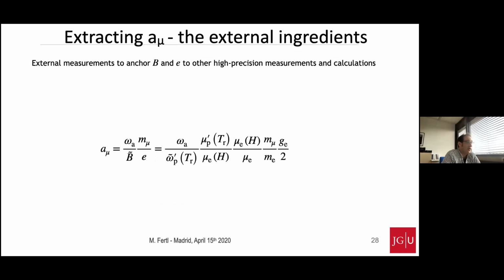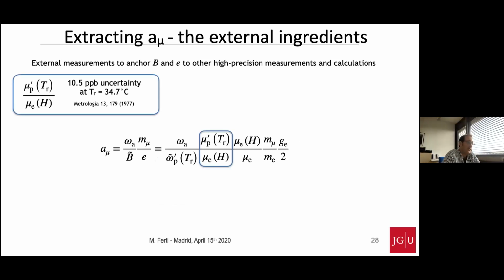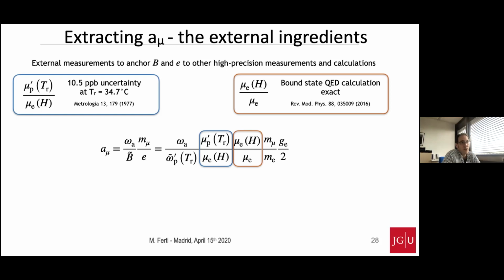The first one is the ratio of the proton magnetic moment in a shielded sample of water to the electron magnetic moment in hydrogen, which was measured to 10 parts per billion a long time ago. We need a bound state QED calculation, which is basically exact, that relates the magnetic moment of a free electron to the magnetic moment in a hydrogen atom.